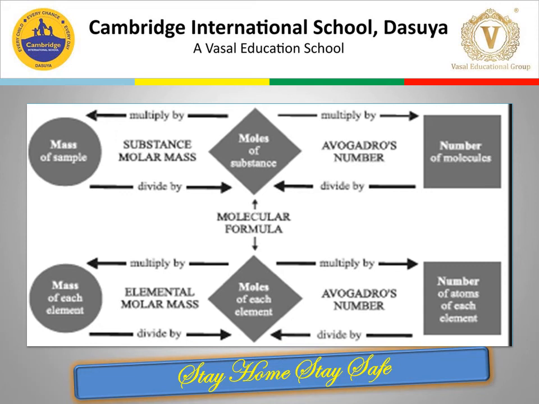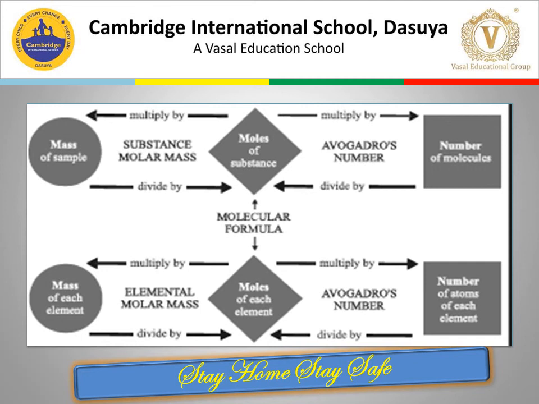And if we divide the mass of the sample by the molar mass of the substance, then we get the mole of the substance. That is, mass upon molar mass equals number of moles. Next, mole into molar mass equals mass of sample.